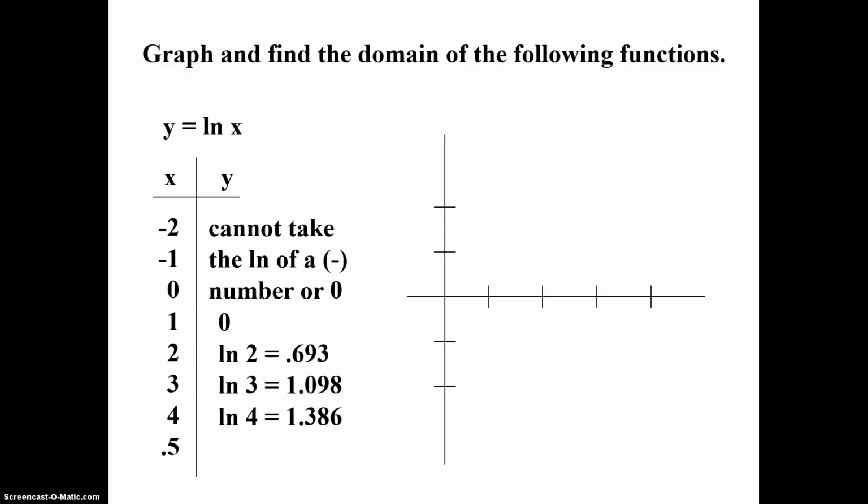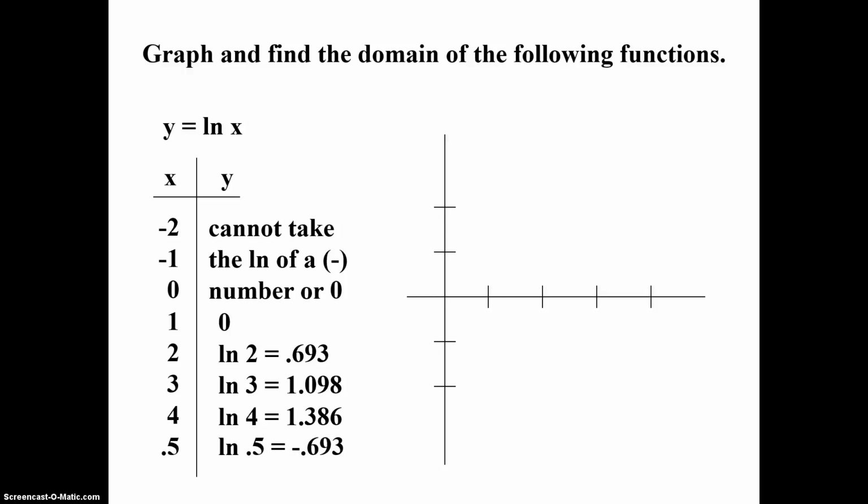Okay, we've done the natural log of 1 and we got 0. If you type in the natural log of 2, you get 0.693. If you type in the natural log of 3, you get 1.098. If you type in the natural log of 4, you get 1.386. And again, double check my values and see if you get the same thing, or at least practice inputting each of those values in there.